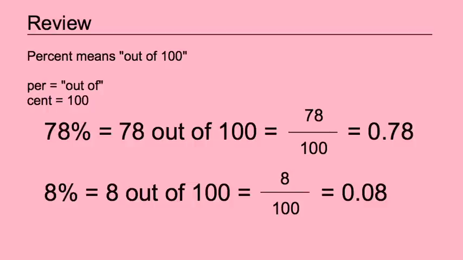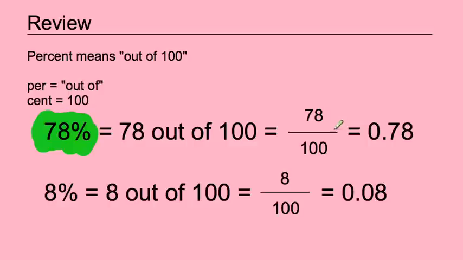It's a little review now. That percent means out of 100, right? The per part means out of, and the cent means 100. And so when we see something like 78%, we have to be able to say, all right, 78%, that equals 78 out of 100. If I see that as a fraction, it's 78 over 100, or 78 hundredths.